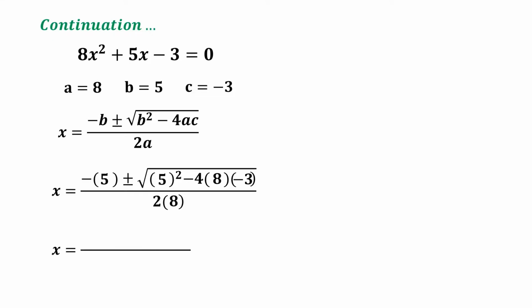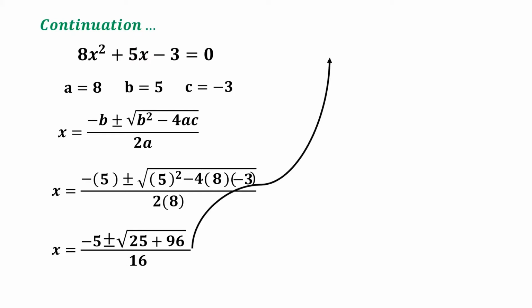Then we have x is equal to negative times 5 is equal to negative 5, plus or minus the square root of, 5 squared is equal to 25, negative 4 times 8 times negative 3 is equal to positive 96, over 2 times 8 is equal to 16.